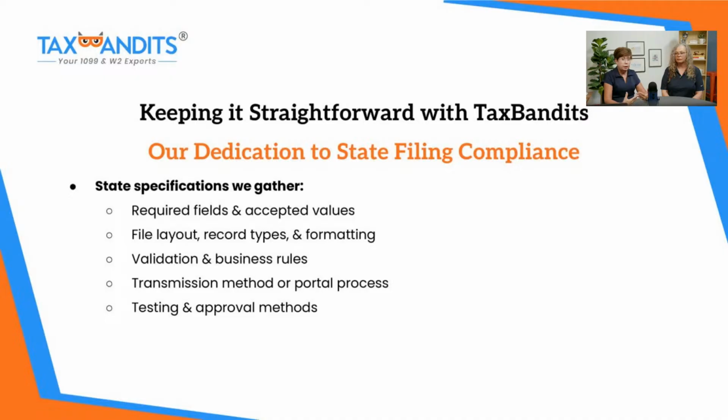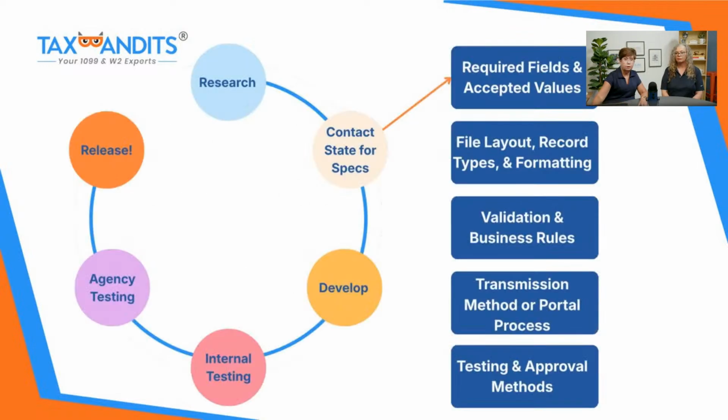So we put all of that testing together and everything is approved. And once we get the green light on all of that, the state filing is opened up for our clients.